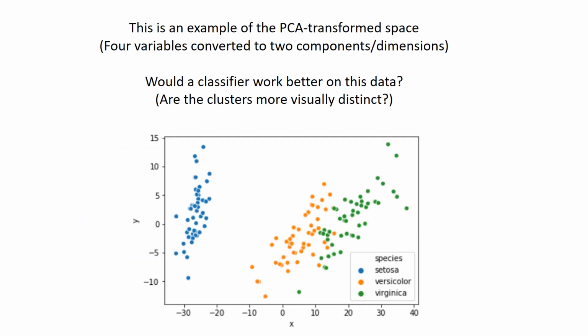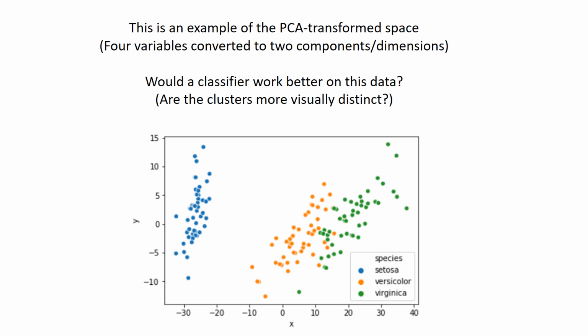So this is a PCA transformed space. What we've done again is we're trying to compress those four variables into two variables, right? So already you can maybe take a hint at what those might be, because we've got petal width and length and sepal width and length. So maybe these things essentially boil down to petal size and sepal size, might be a better way to put it, right?